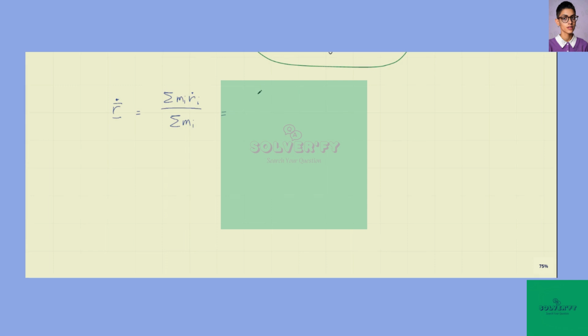So this is equal to m into 2v j plus 2m into 3v k, where v is the velocity of the system, plus 4m into v I, all divided by 7m.